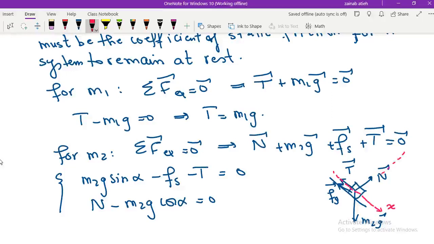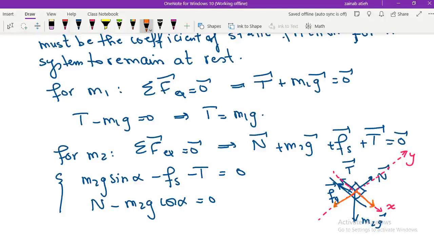As you see, N is along y, and T is opposite to the x axis, so minus T, and minus Fs along the x axis. M2G I can split into two parts, one along x and one along y. The part along the x axis is M2G sin alpha, and along y minus M2G cosine alpha. So I will get these two equations.